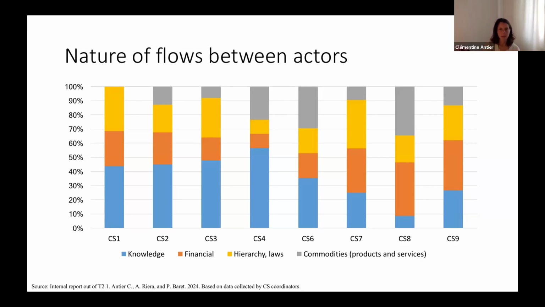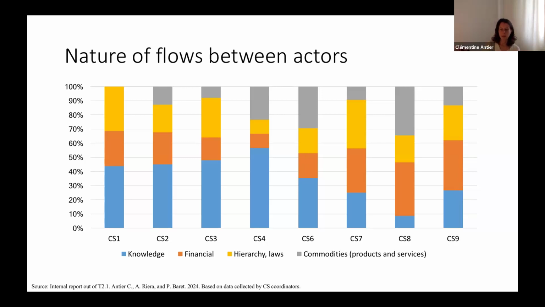We observe it in every case study. And the share of commodity flows, it's not much, and it varies across case studies. And I would say it's mostly related to the framing of the case studies.